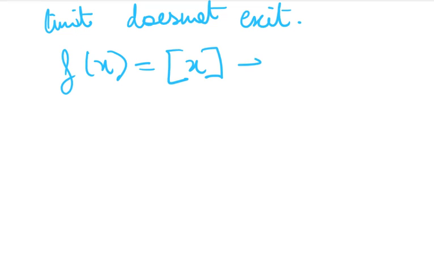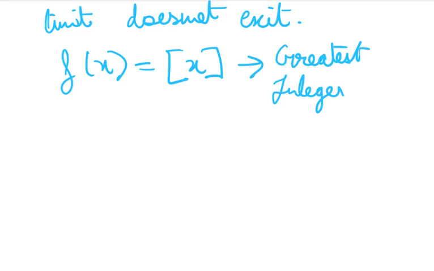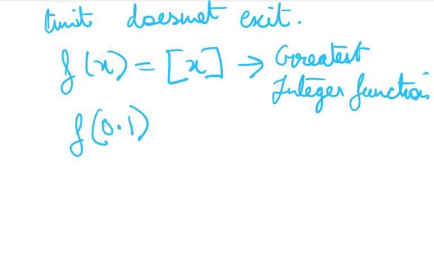What is this? This is the greatest integer function. What happens in the greatest integer function? Let's say if I write f of 0.1, you still get a 0. F of 0.2, you still get a 0.